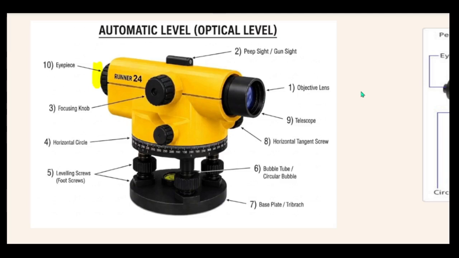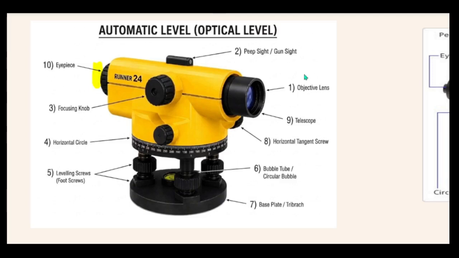So it helps you get a straight line of sight. I showed you what a line of sight is in the first video when I was using an illustration to explain what leveling actually was. We are also going to check on it, but it's not in this particular video.